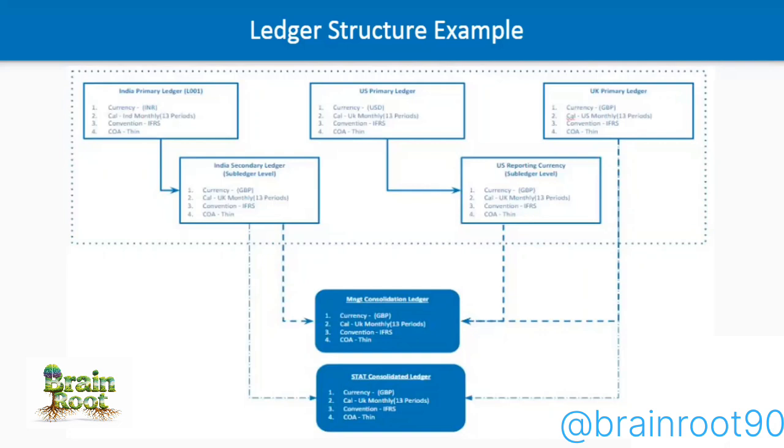For management consolidation, you can have a separate consolidation. For statutory, you can have a different consolidation. The same, but the hierarchy and things might be different in these particular ledgers. Here stat means statutory, because the currency is GBP, the currency is not stat journal.